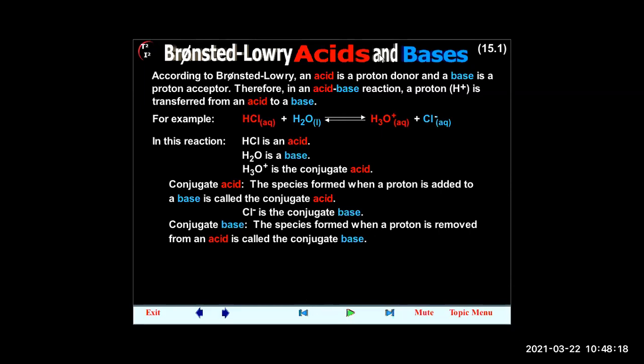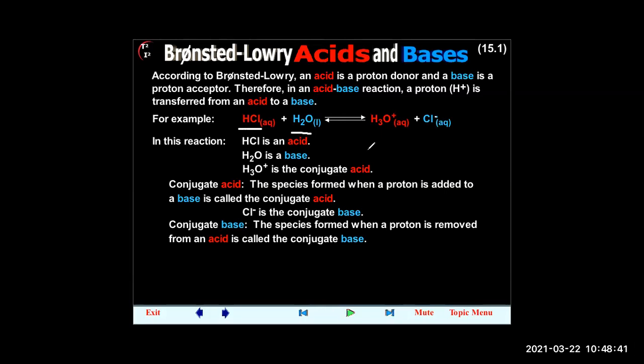All right, let me explain briefly here. What is happening here is that when you look at HCl and H2O, according to the Bronsted-Lowry definition, an acid is a proton donor. What is a proton?